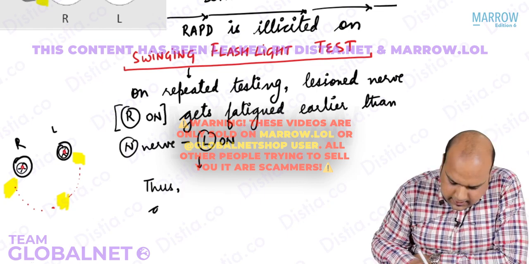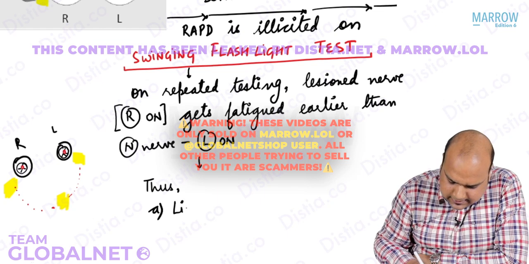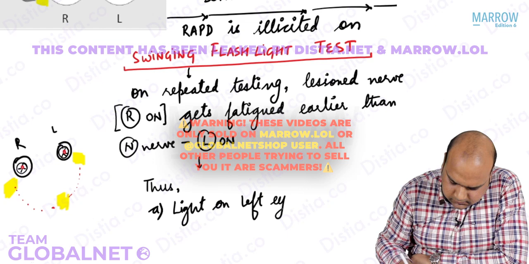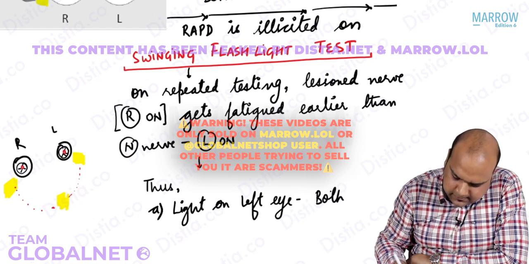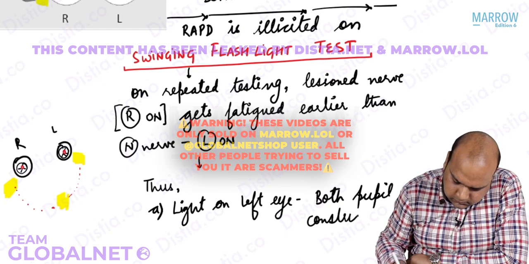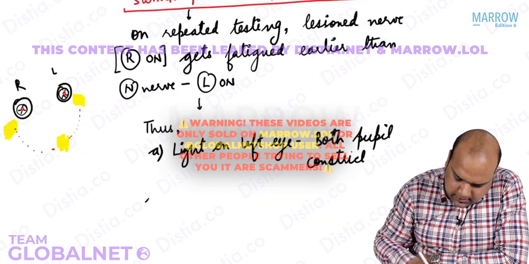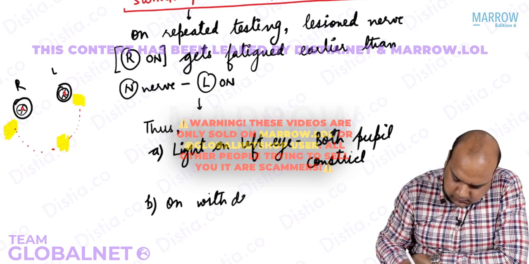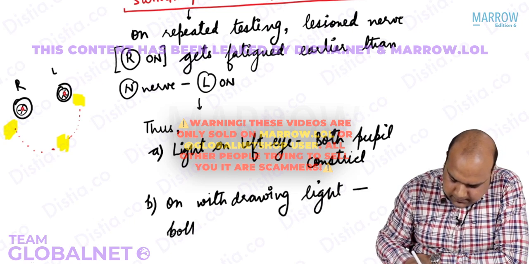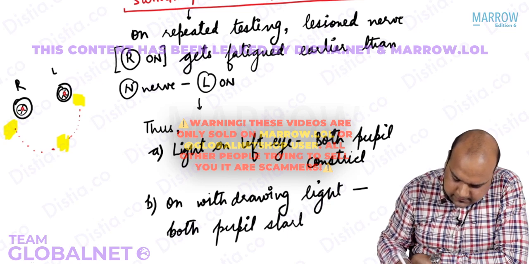Thus, A, light on left eye, both pupils constrict. Then B, on withdrawing light, both pupils start to dilate.